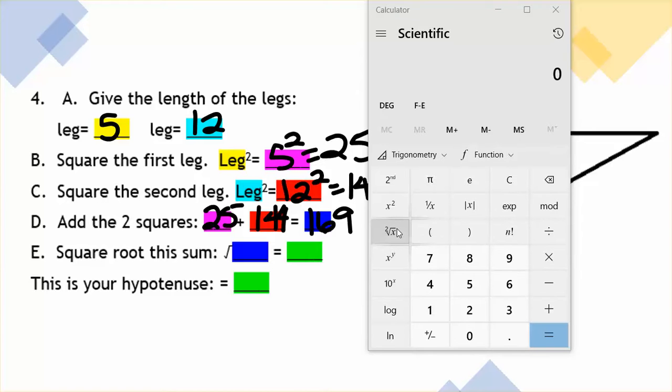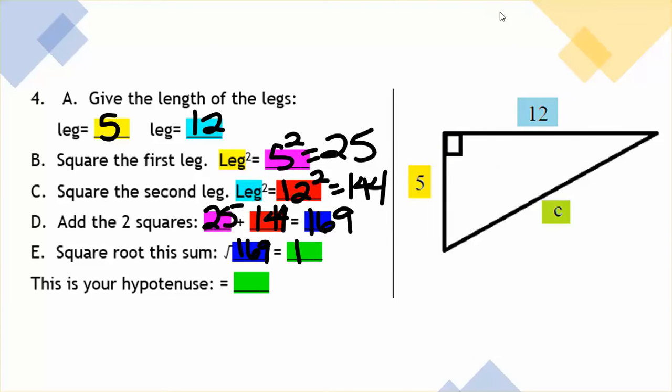Go back and look at your calculator and make sure in the last assignment you figured out how to do those steps. In this calculator, I take 169, then push the square root key. So the square root of 169 is 13. And we have found our answer. That's the hypotenuse. Do a quick check and make sure that it still is the longest side. That's a way to double check that you didn't make a mistake.